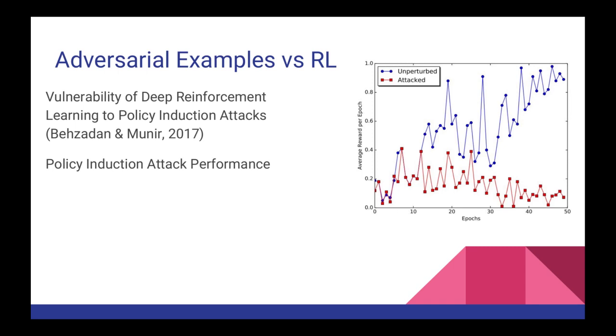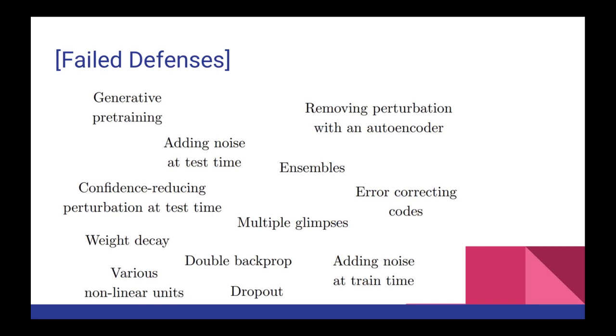So what can be done to defend against adversarial examples? There have been quite a few methods proposed, like adding noise at test time, removing perturbations with a regular autoencoder, using generative pre-training, as in generating adversarial examples first and then training the network to correctly classify those adversarial examples, and so on.